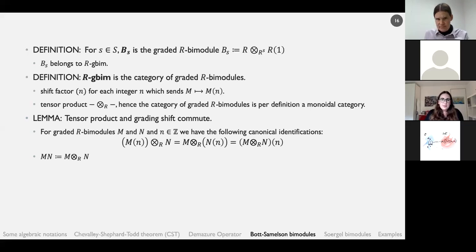So this means that for graded R bimodules M and N and an integer n in Z, we have the following canonical identifications, and you can see them here. It basically says that it does not depend on where we put the brackets. So it commutes, and we usually write MN, but we mean M with the tensor product over R of M and N.